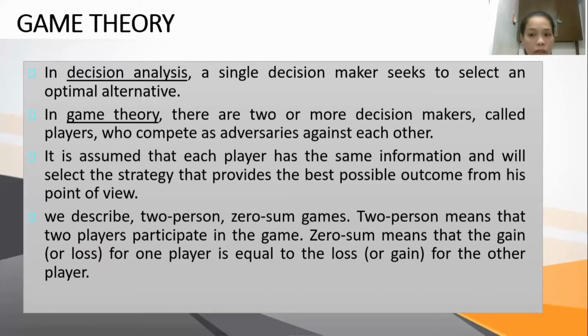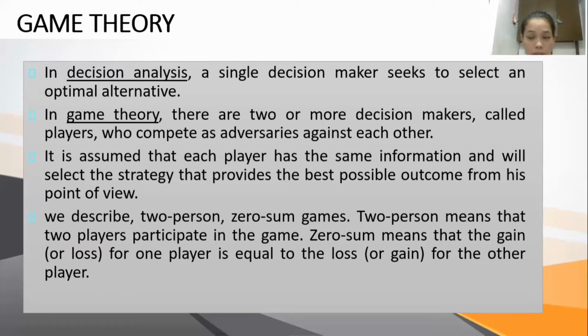But if they already have the same information, then the thing they have to do is to select the strategy that will have the best possible outcome for their company. And it depends on the point of view, either company A or player B.